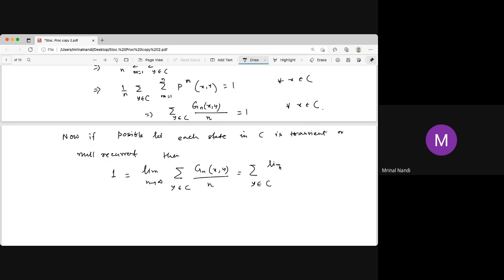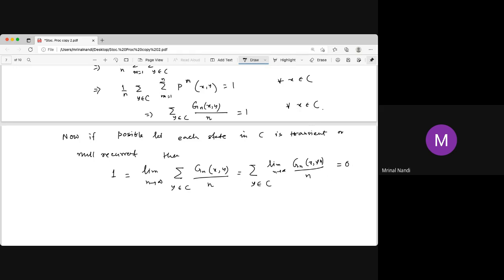So it is the limit as n tends to infinity of G_n(x, y)/n, and that is 0.